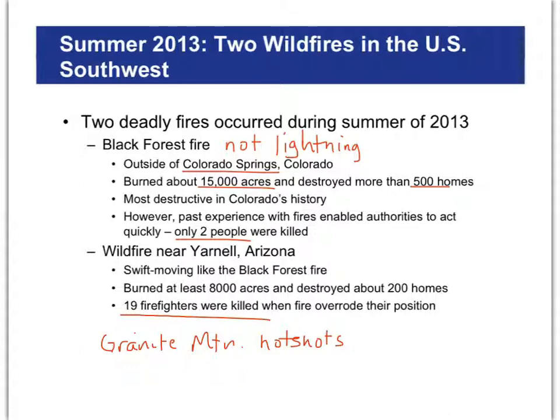So these were like, you might say, the Navy SEALs of firefighters, but they were overcome by flames moving so fast. They even had emergency shelters that they could put over themselves to deflect the heat and possibly ride it out, but even that wasn't enough. So 19 of them were killed in this blaze right here. That was a real news story, and it woke people up to the dangers of wildfires.